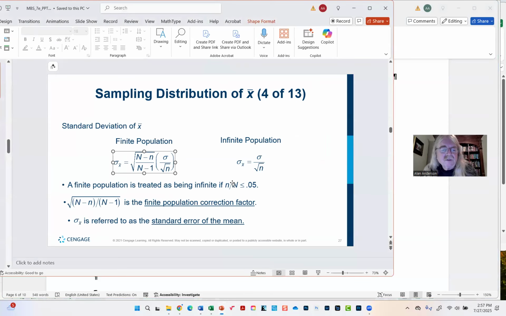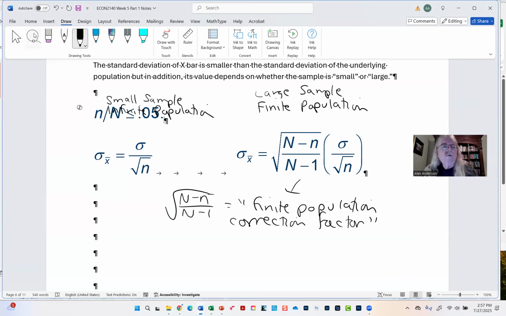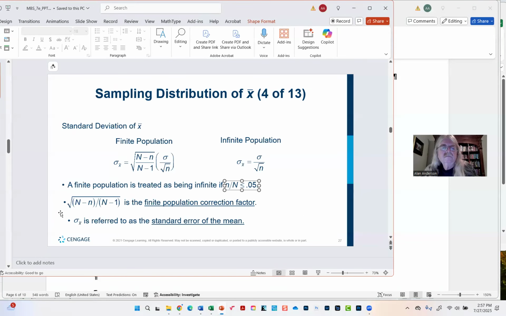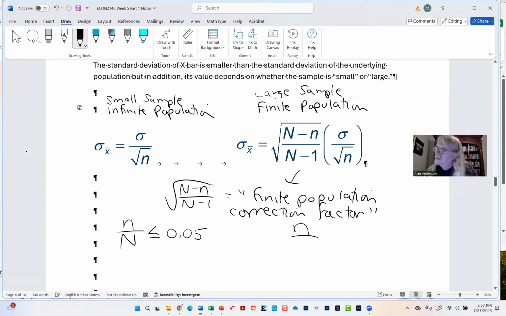That comes from this formula. Infinite means this, other one, finite.